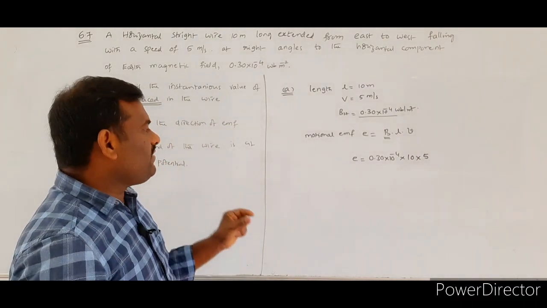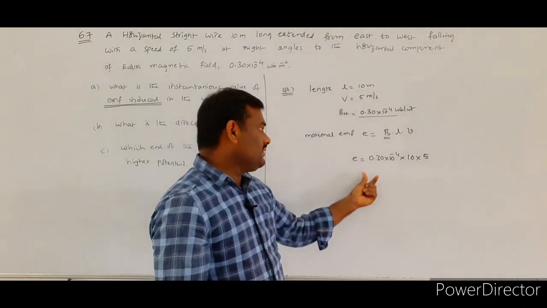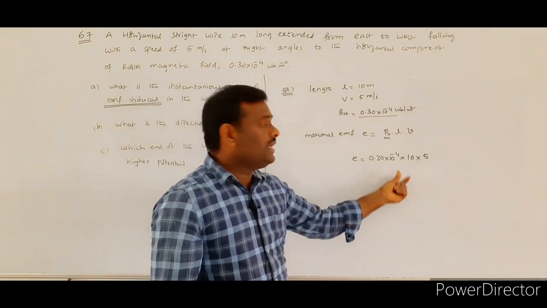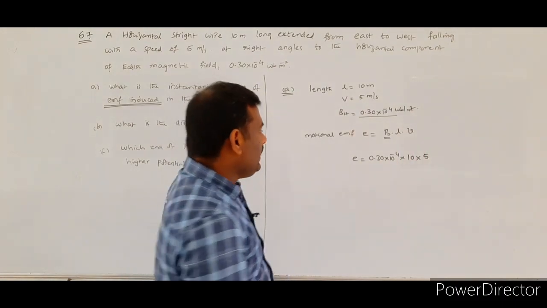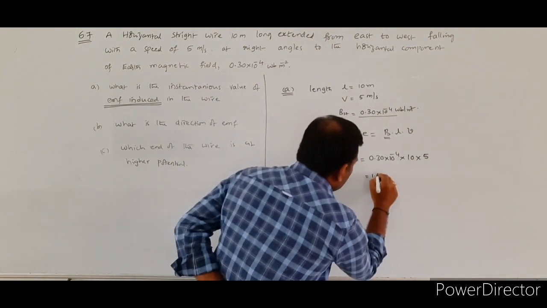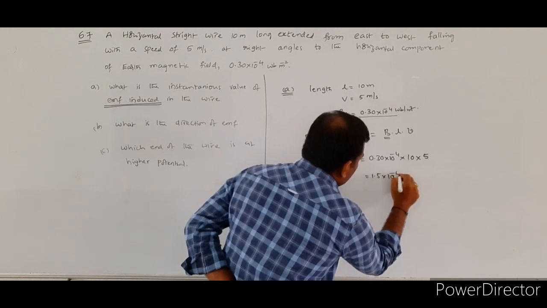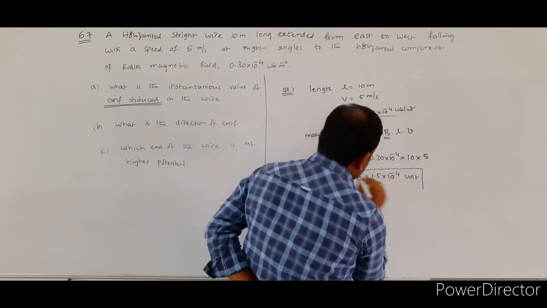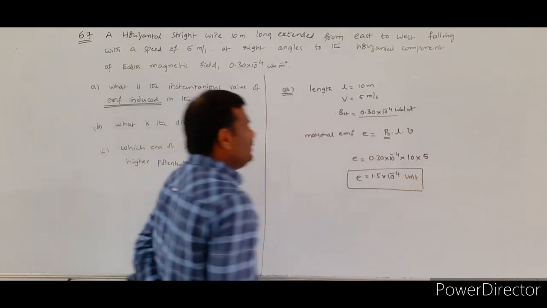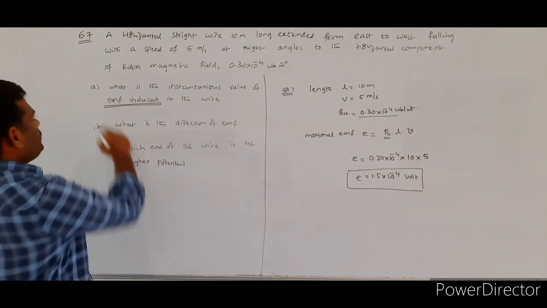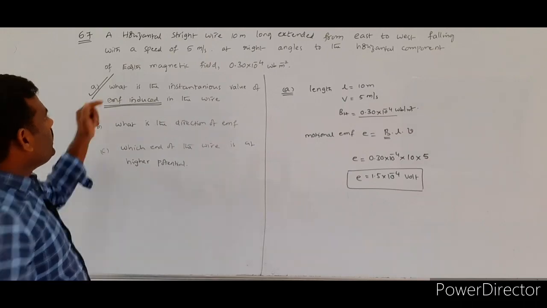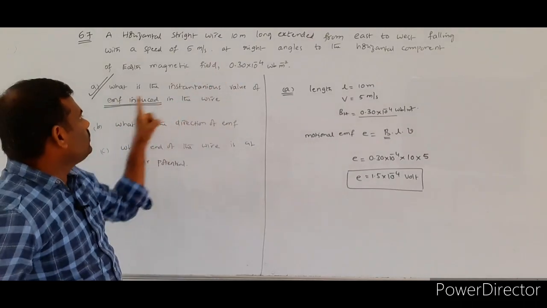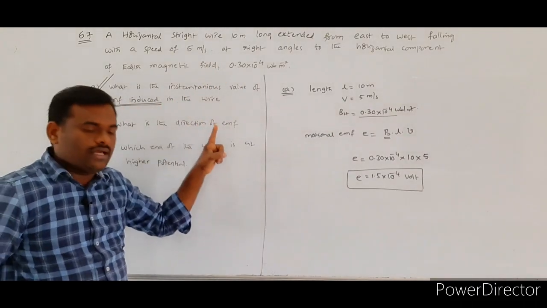If you simplify 0.30 into 10 power minus 4 into 10 into 5, you will get 1.5 into 10 power minus 4 volt. This is the motional EMF value, the instantaneous value of the EMF induced in the wire.